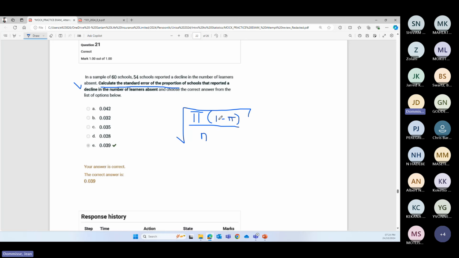The part at the bottom is the standard error, but we covered it last night as well. It might be that most of the focus of the mock exams was on the standard error of a proportion. So it might be that in the exam you get a standard error of the mean.